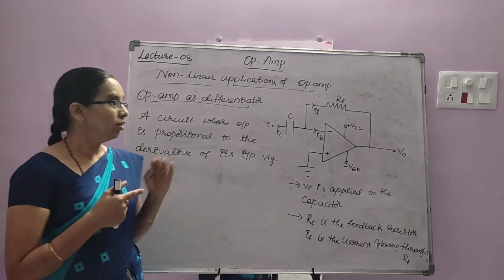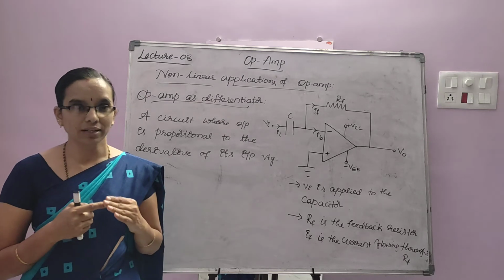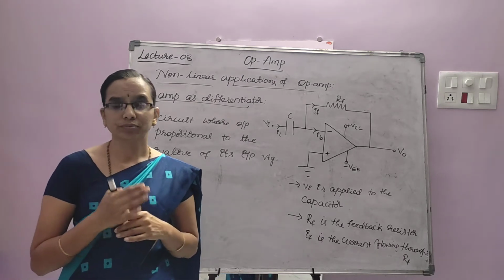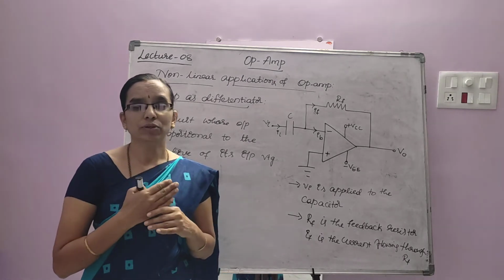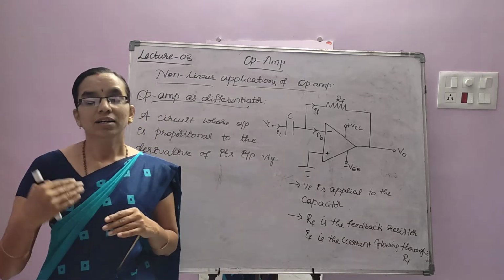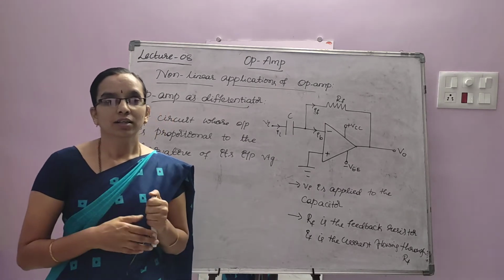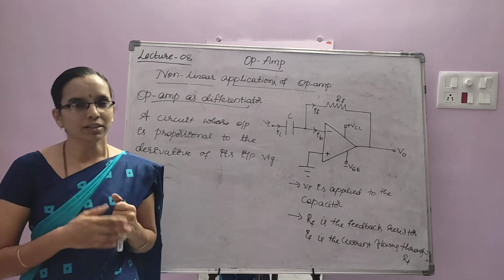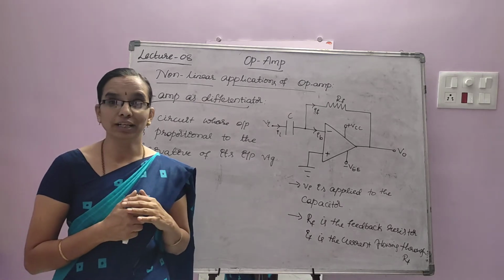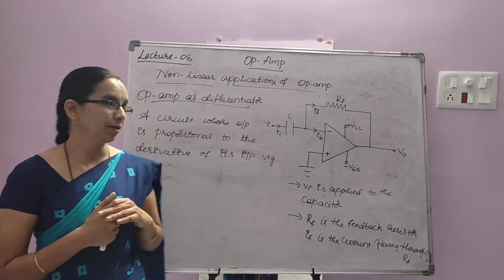In the op-amp adder, we used to get the sum of the input voltages. Whereas the op-amp subtractor used to give the output voltage which is the difference between the two input voltages. That and all we have already derived and also solved some numericals on that.